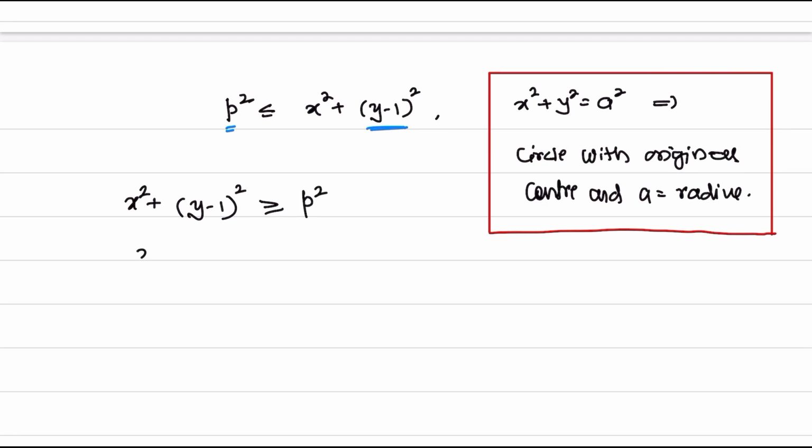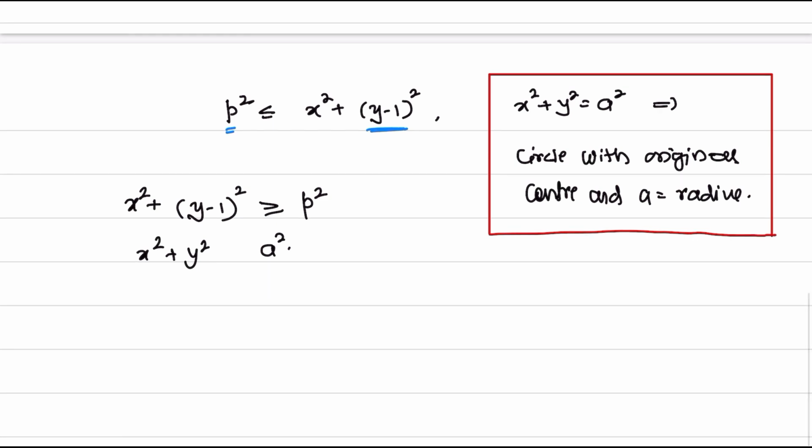It is in the form of x square plus y square is equal to a square, or we can take it as greater than or equal to a square. If something is greater than or equal to the radius, it means outside the radius.